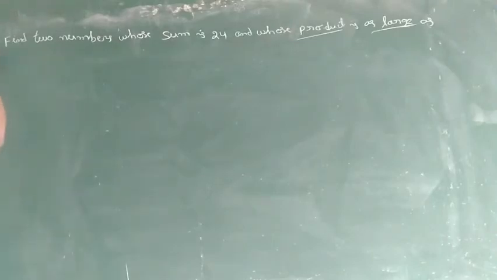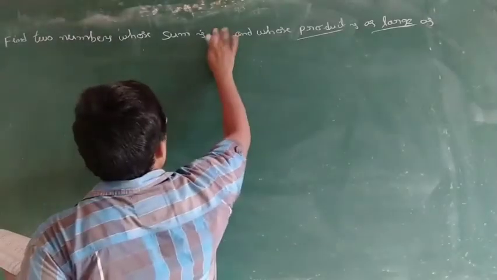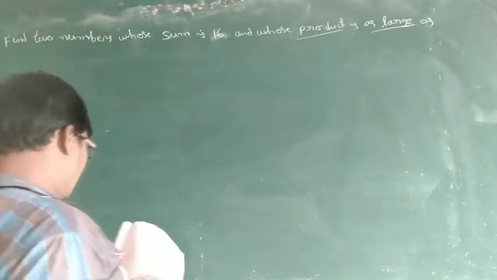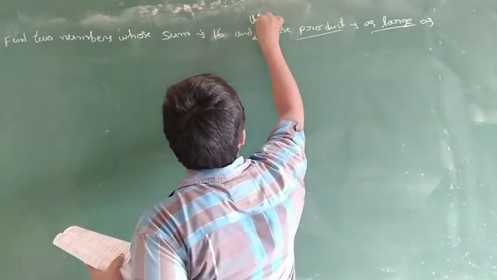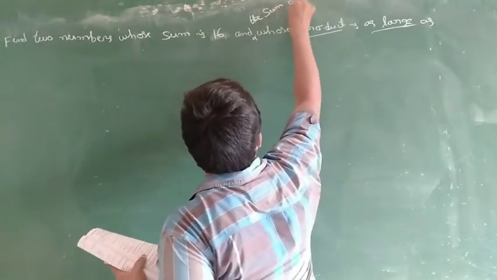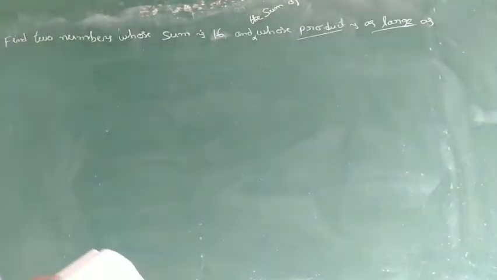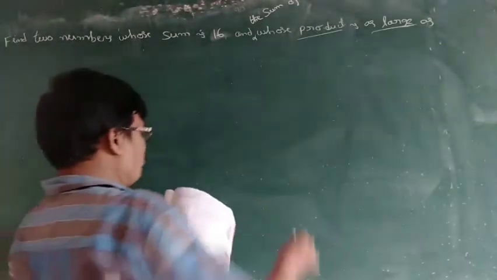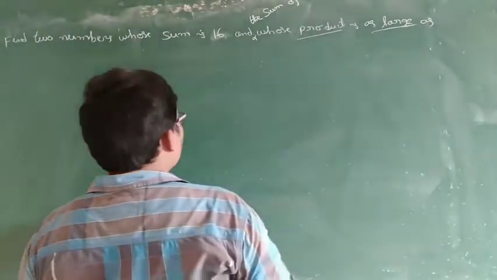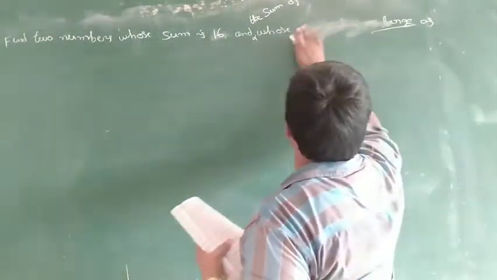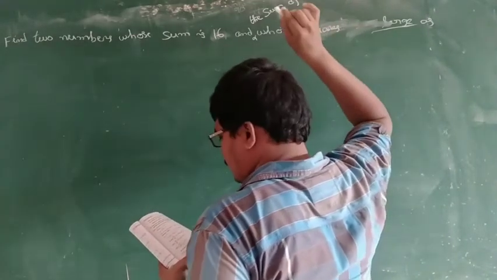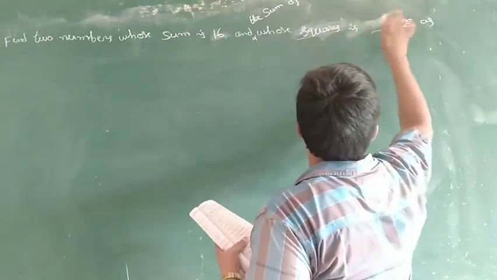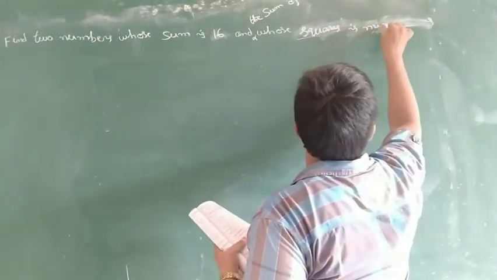Next one. Second problem. Find two positive numbers whose sum is 16 and the sum of whose squares is minimum.